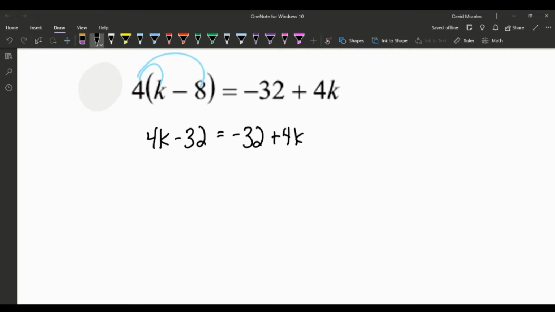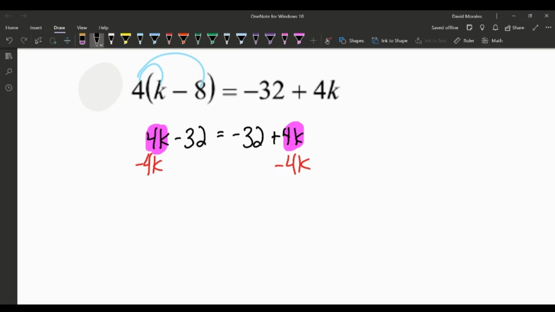Again, we got the variable on both sides, so we need to get it on one side. What we're going to do is subtract 4k from both sides. For example, if I wanted to move this k over there, it's positive, so I subtract 4k, but I have to do it to both sides.